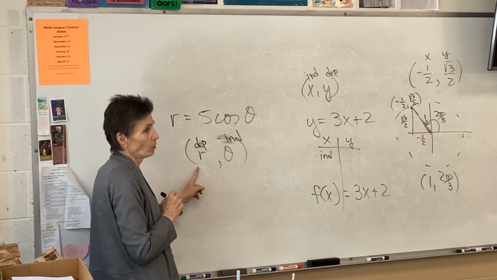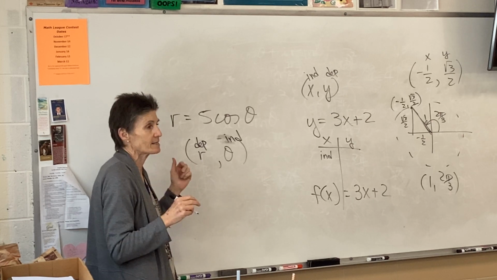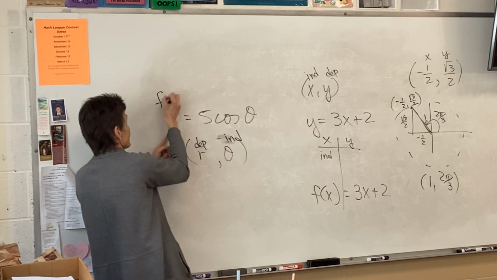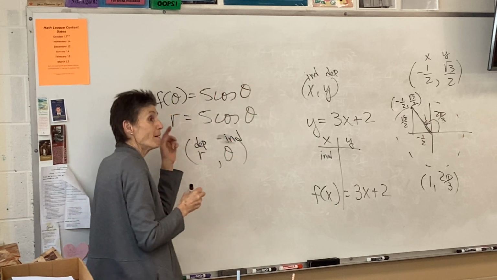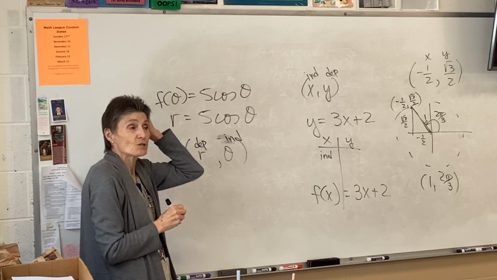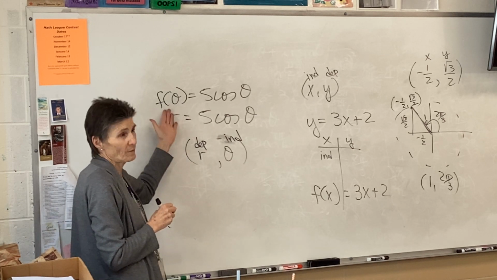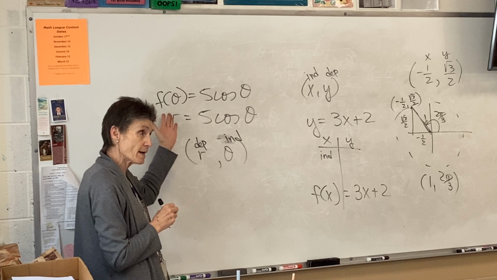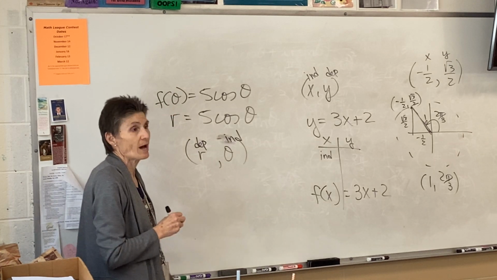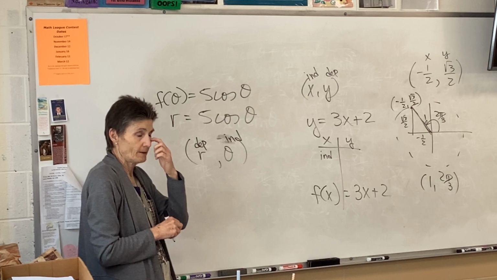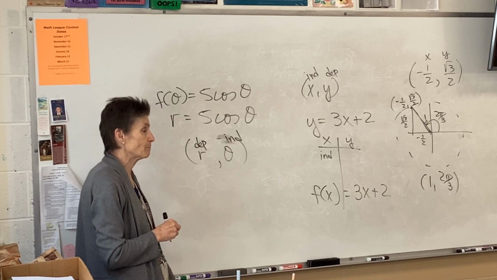So even though polar graphs aren't functions in the sense of the vertical line test and all that, sometimes you'll see these written like r equals f of theta, to remind you that theta is your independent variable. Okay, we have to be careful with that notation. It makes sense to use it, but you'll see these are not functions in terms of vertical line tests, what you think of as a function.